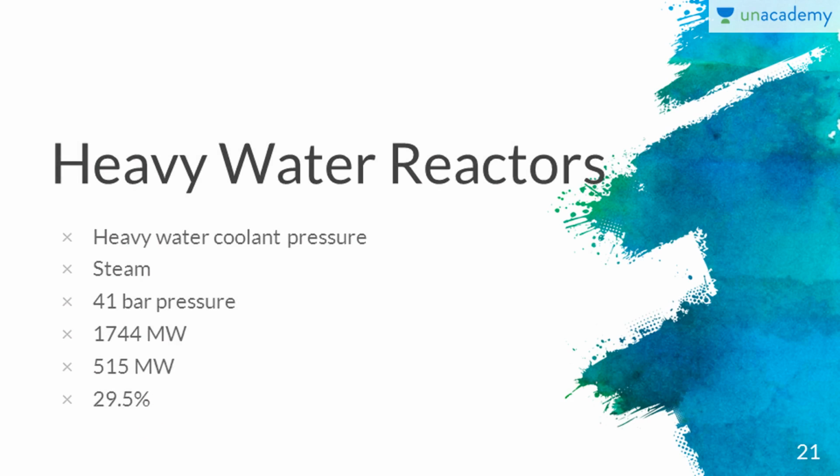The heavy water coolant pressure in the reactor is about 88.3 bar, and the inlet and outlet temperatures are around 250 degrees centigrade and 290 degrees centigrade respectively. In the heat exchangers, steam is generated at 41 bar pressure, 251 degrees centigrade. The thermal power of each reactor is 1744 megawatt, and the electrical output is 515 megawatt, which gives a thermal efficiency of around 29.5%.